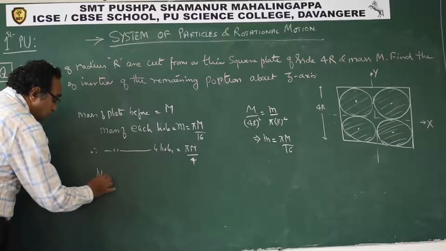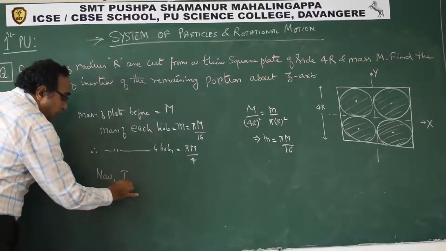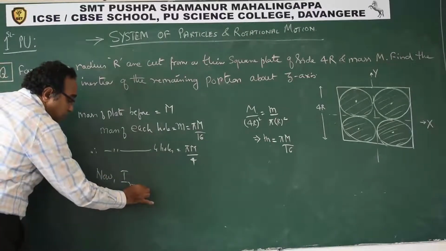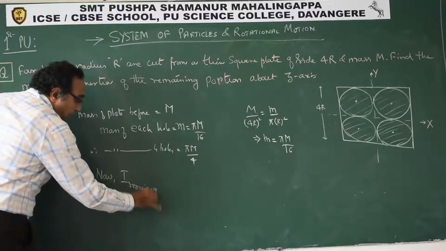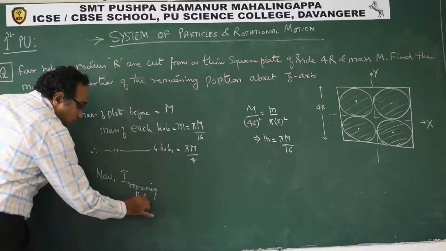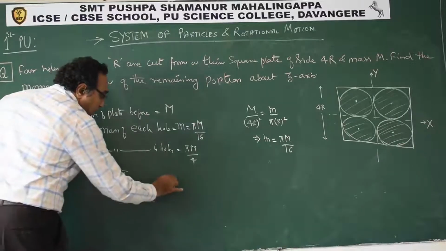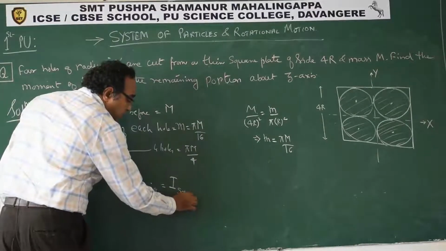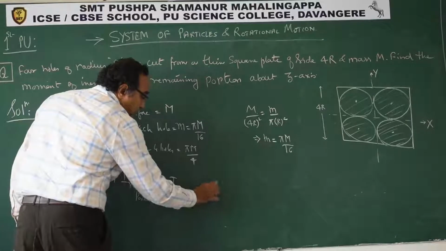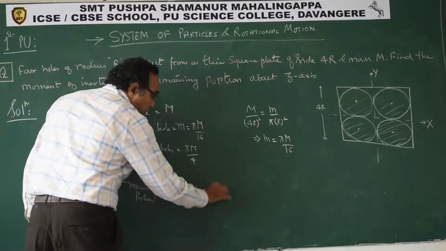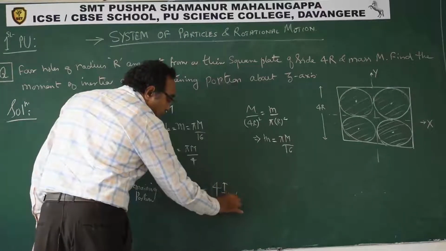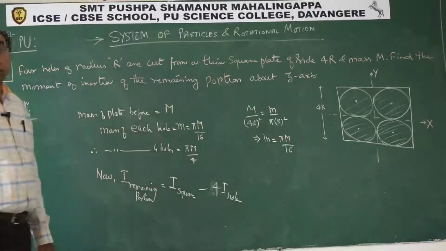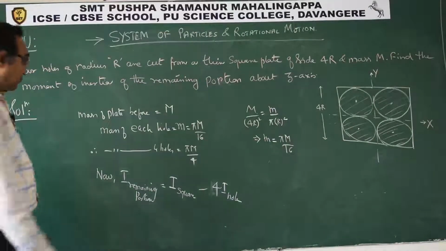Now moment of inertia of remaining portion, this will be moment of inertia of the square plate minus 4 times moment of inertia of each hole. This is what we can say.